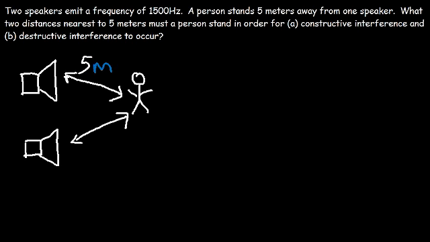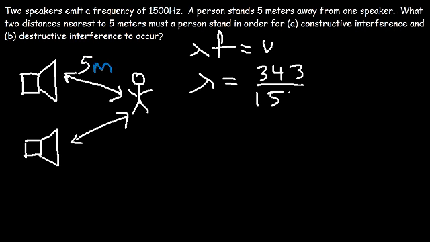Well, the first thing we need to do is find the wavelength. So the wavelength times the frequency is equal to the speed. So lambda is going to be the speed divided by the frequency. So this time it's relatively small since we have a higher frequency. 343 divided by 1500 is about 0.229 meters.